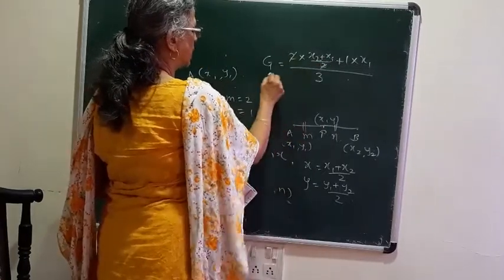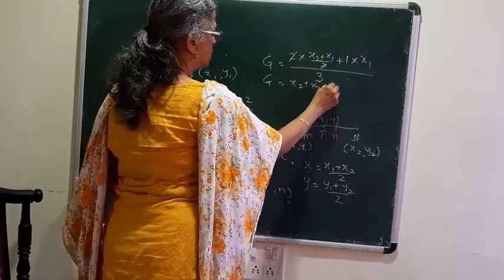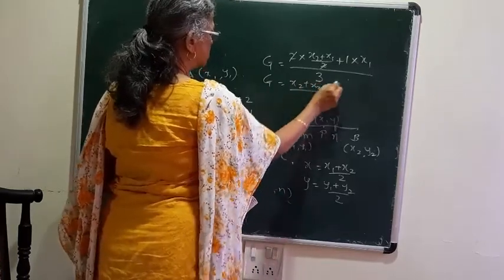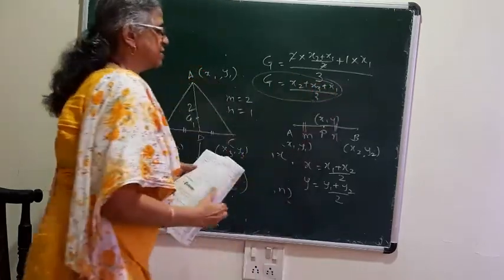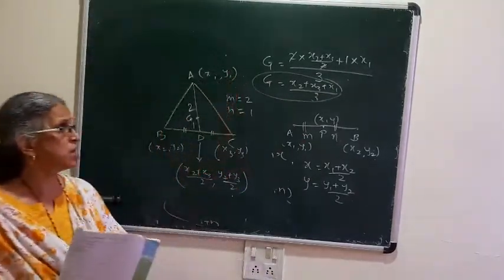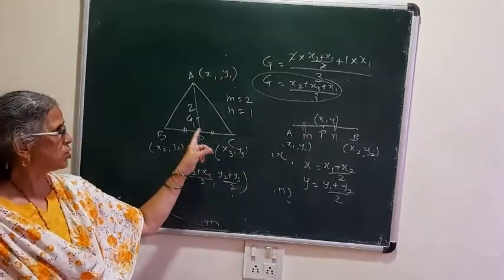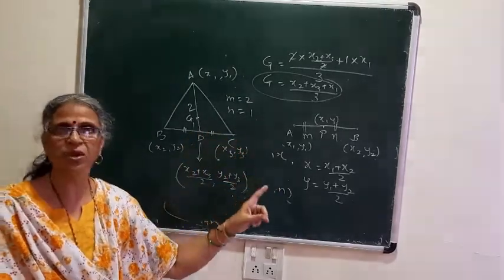So 2 will get cancelled. So G will be x2 plus x3 plus x1 upon 3. So the x coordinate of the centroid is x1 plus x2 plus x3 by 3, and the y coordinate of the centroid is y1 plus y2 plus y3 by 3.